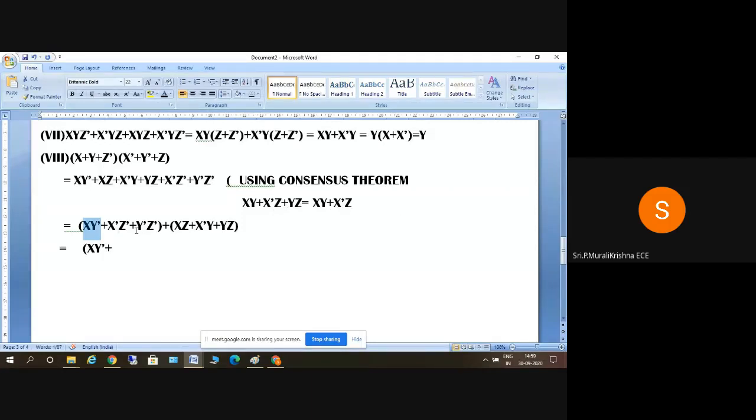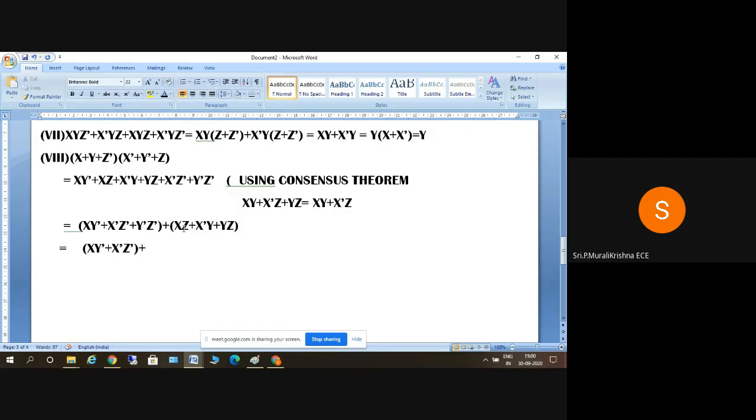The y bar z bar will be removed in the simplification. Here it is x bar z, and here it is x bar z bar. So using this consensus theorem you can go for the simplification. In the earlier class we saw the simplification with the consensus theorem, so you can check that also. So this is one simplification.